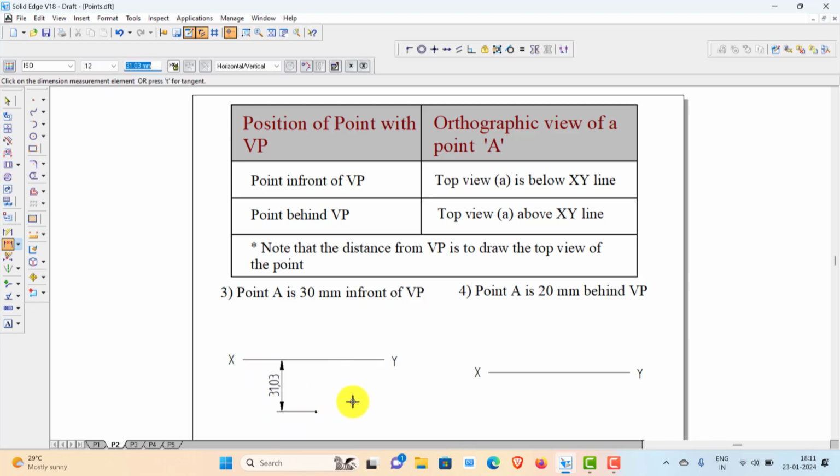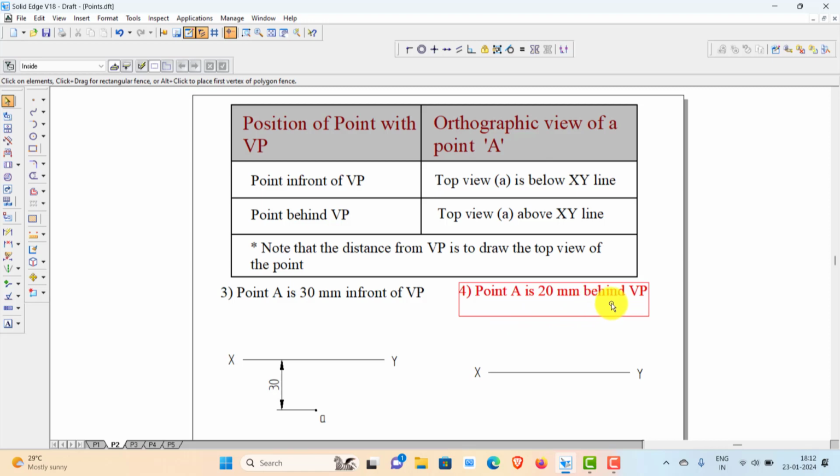It should be 30 mm. And the name of the point is A. So mark the top view as A. Don't mark A dash since it is only a top view. The front view should be marked as A dash. Now the top view is falling 30 mm below because it is in front of VP. Now let us consider another case.